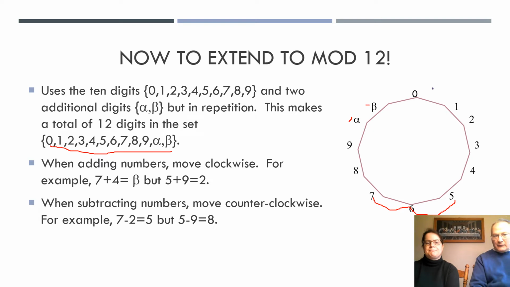How about 5 minus 9? So we start there, 1, 2, 3, 4, 5, 6, 7, 8, 9. So 5 minus 9 equals 8.